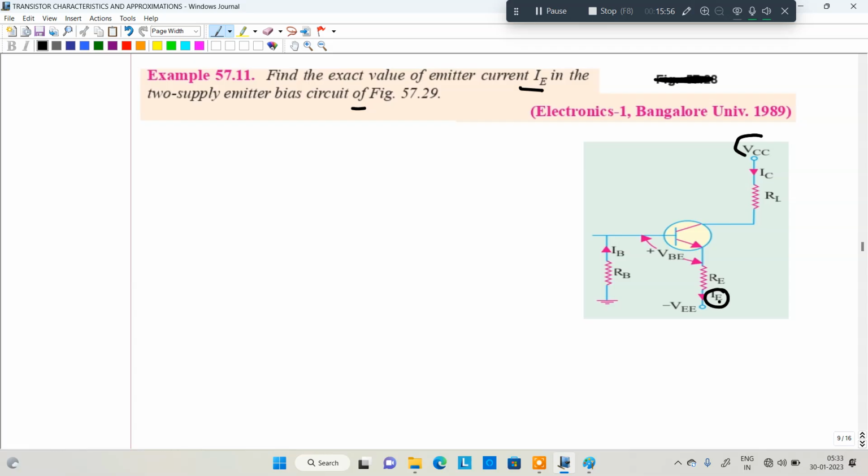In that particular case, the first thing is IB. The IB value is VBB divided by RB, that formula from just now, whatever VBB is given.